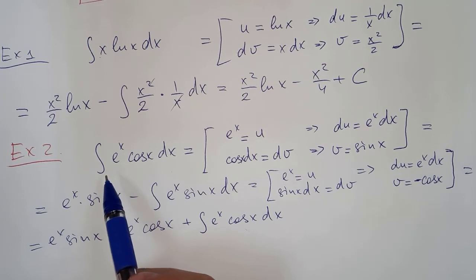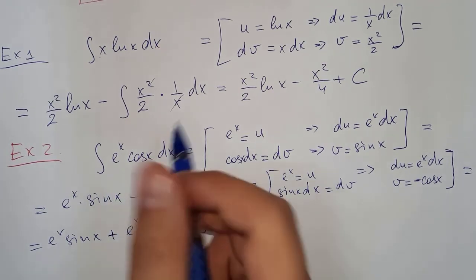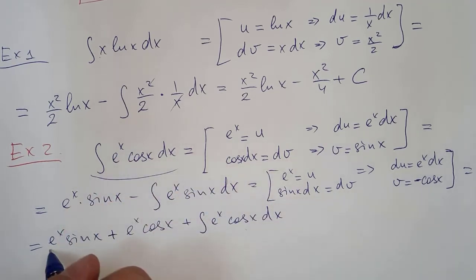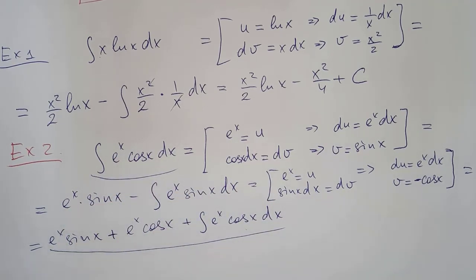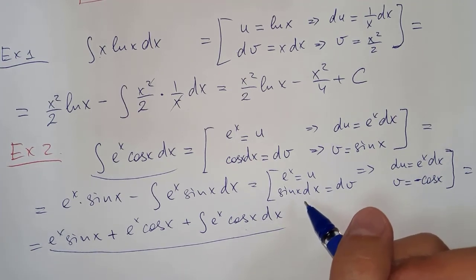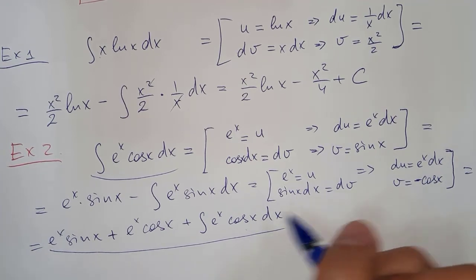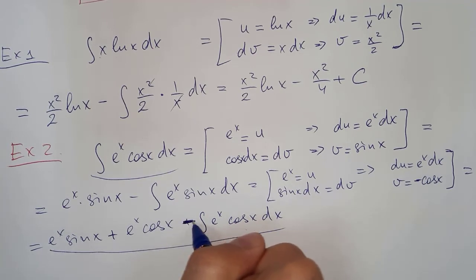So this integral equals this one. Using this equation, we get minus here, of course. I said minus but put plus, because we have three minuses and it gives us plus.